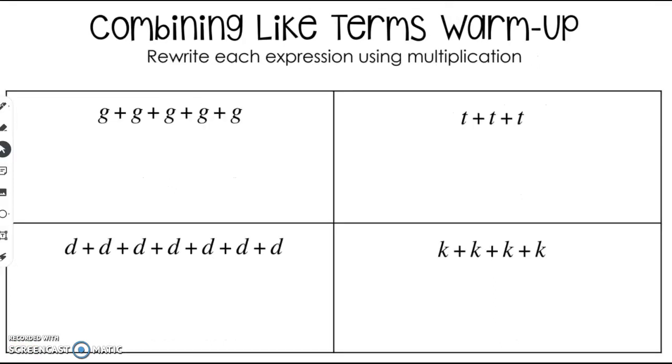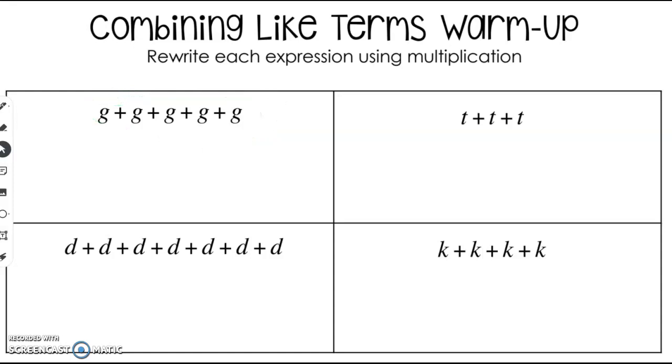So let's take a look at the first frame. Whenever we're adding something, for example 1 plus 1 plus 1 plus 1 plus 1, we know that it's going to be a multiplication of 1 times 5. Now we don't have numbers, we just have variables.